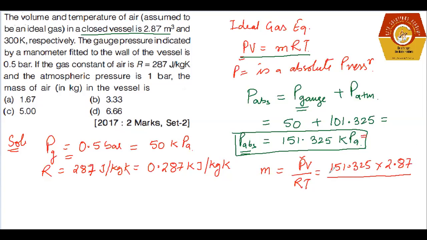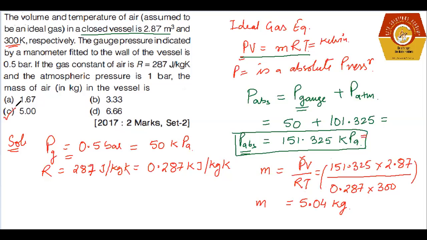Upon R, that is 0.287, into 300, the temperature given in Kelvin. In this ideal gas equation you have to take the temperature in Kelvin, right? Based on that, your answer should come out as 5.04 kg.